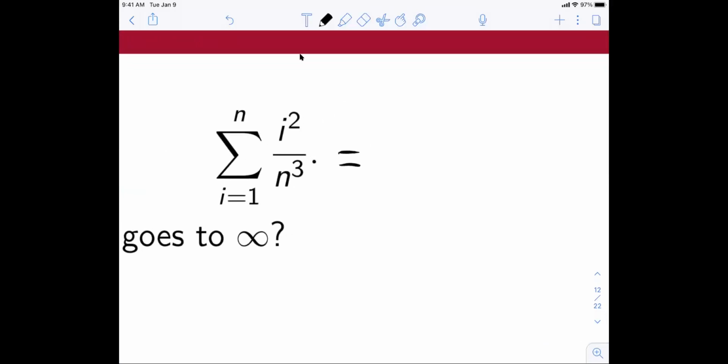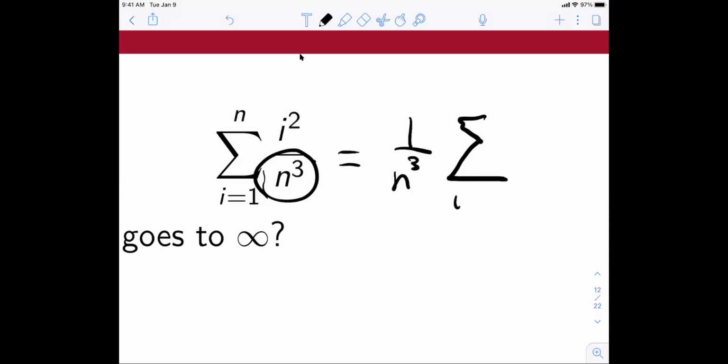Yeah, the 1 over n cubed, as far as the sum is concerned, is a constant. So I can pull it out in front of the sum, just like within a normal sum. If you have one thing times every term in a sum, you can just pull that factor out in front of the entire sum. That's all this is saying.